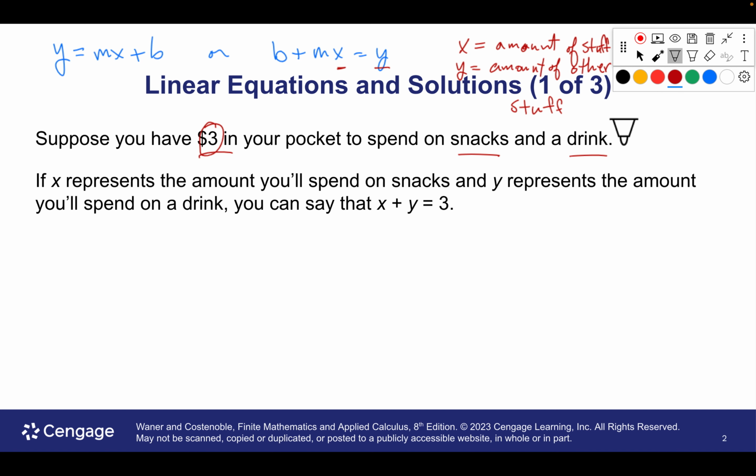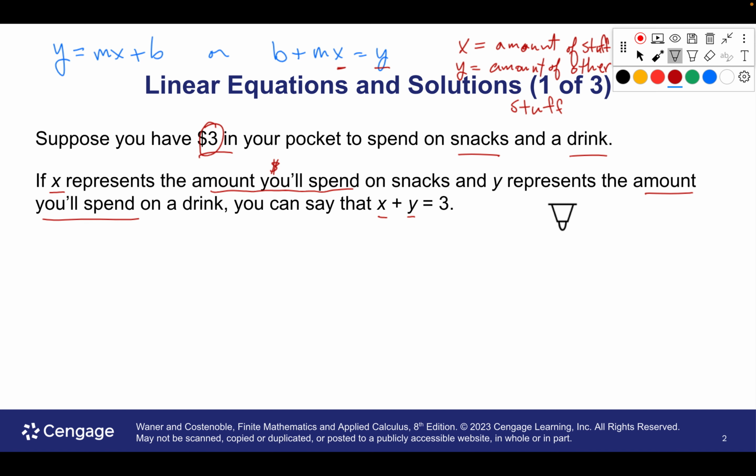So let's look at the rest of the question. And they tell us specifically that X is going to represent the amount you'll spend. So it is an amount, but it is a dollar amount. Or, you know, in the US, we'll assume in dollars. Y represents the amount you'll spend on a drink. And so we can say that X plus Y, the amount that we spend on snacks, plus the amount we spend on drinks, should equal $3, or less than $3.